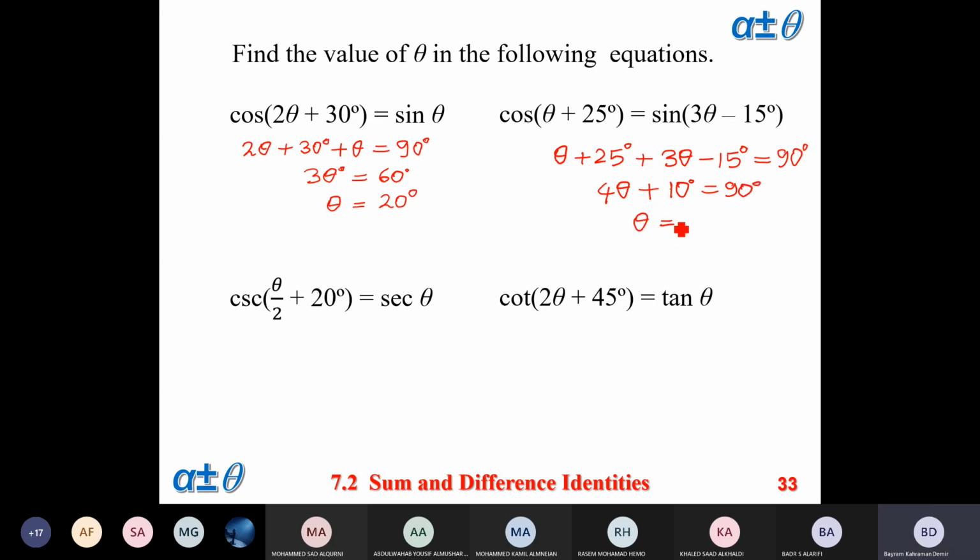So theta will be equal to 20, correct? Yes, 80 divided by 4 is 20. And similarly, you can solve the other questions. All right. Is the idea clear, Shiva? Right? Yes.